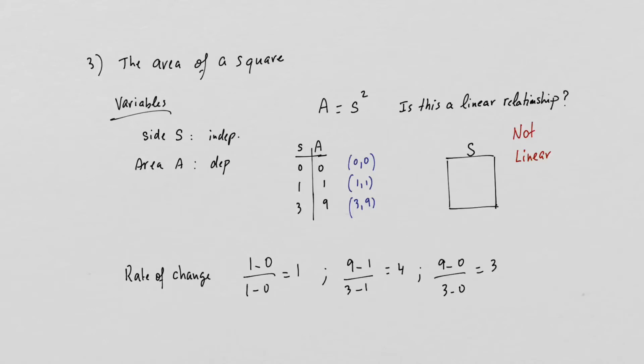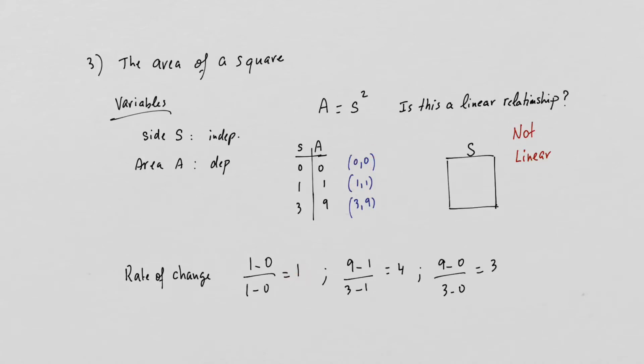So what do I do? I make my points. When S is 0, the area is 0. When S is 1, 1 squared is 1. And when the side is 3, 3 squared is 9. So here are my 3 points. Now, let's see if the rate of change remains fixed. Well, if I look at these 2 points, I do 1 minus 0 over 1 minus 0, which is 1.